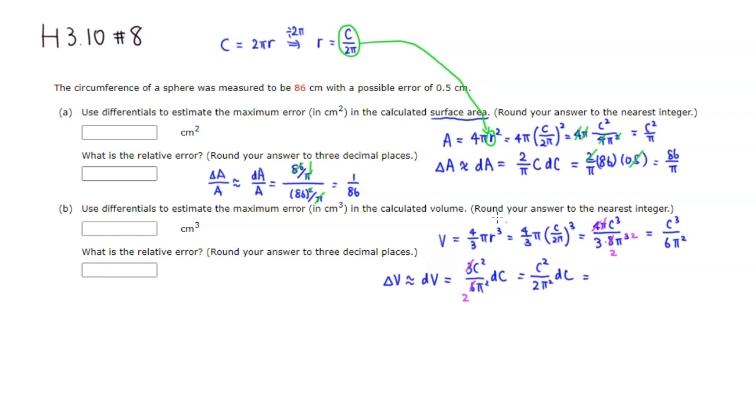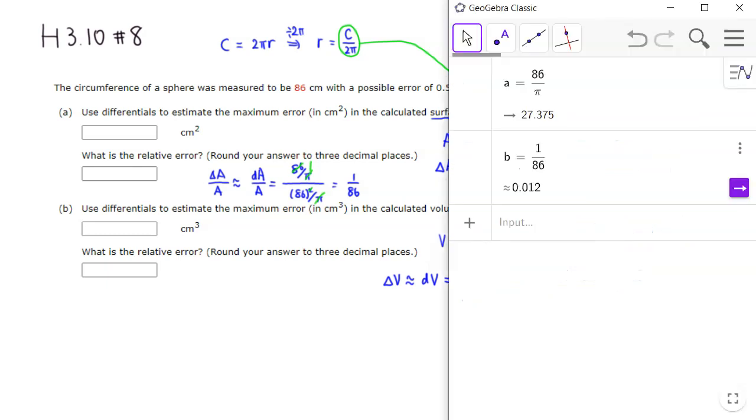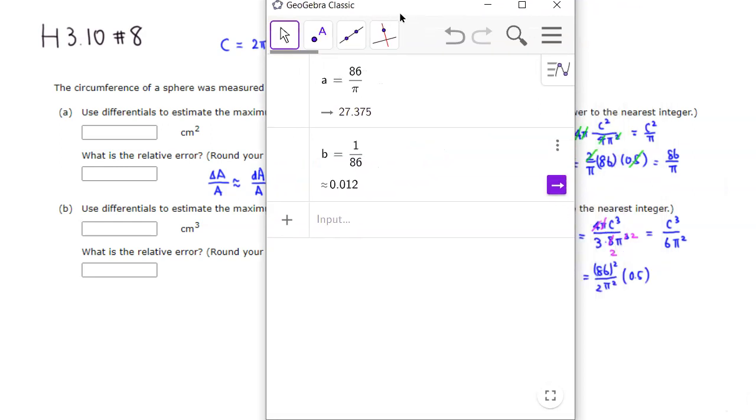So let's put the numbers in there. So c is 86, so you have 86 squared over 2 pi squared, and then dc is 0.5, right? So let's type it in here. I can't see it, so I'm going to just move it here.